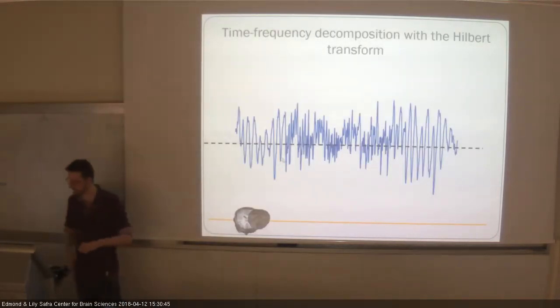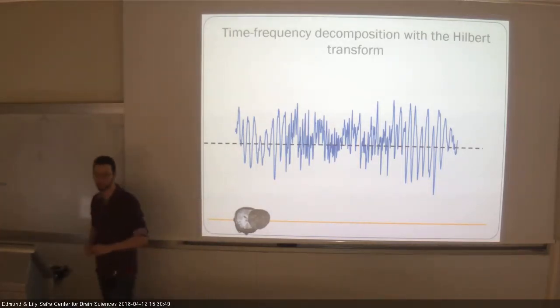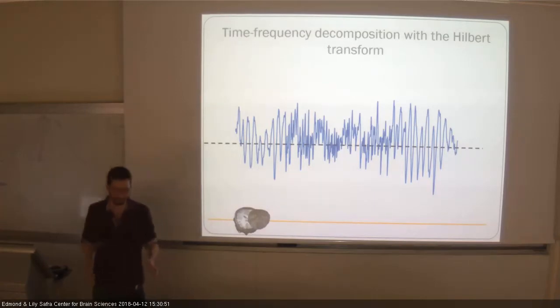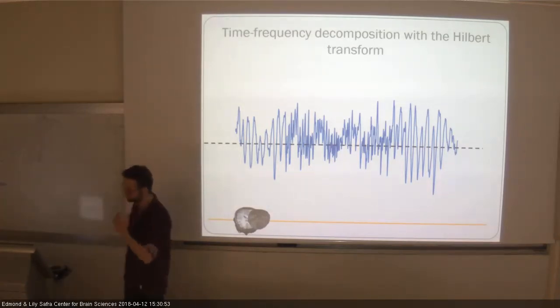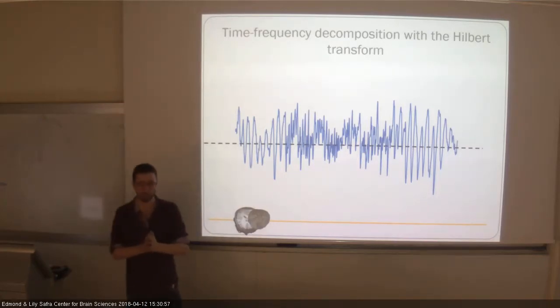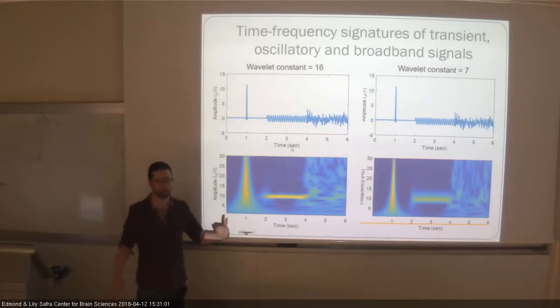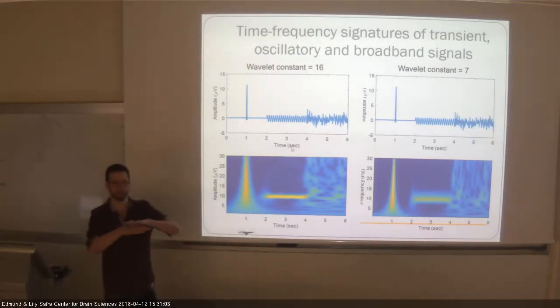The second method that I'll mention, which is my favorite one, is called the Hilbert transform. Again, mathematically equivalent, but what is practically different is that in the wavelet transform, basically you're always filtering.